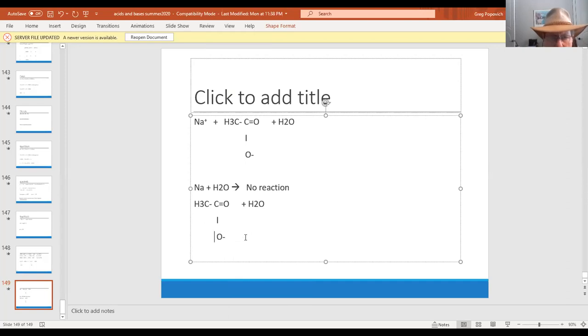Do you see, Ethar, where we have an oxygen there with a minus sign on it? Do you see that? Yes. Okay, this is strong enough to pull an H off of water to make this entity.